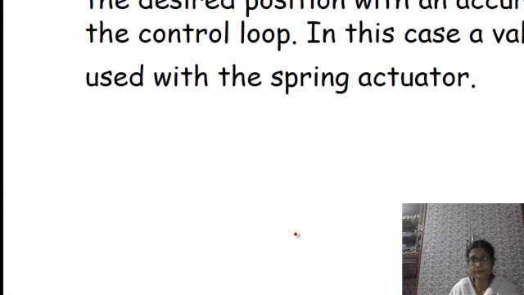Next is the valve positioner. We have mentioned the spring actuator with valve positioner or without valve positioner. A valve positioner is an additional feedback element. It is needed when static friction, hysteresis, and unbalanced thrust force acting on the motion of the stem of the control valve are large, or the response of the actuator diaphragm is too slow, especially in the case of a single-seated valve.